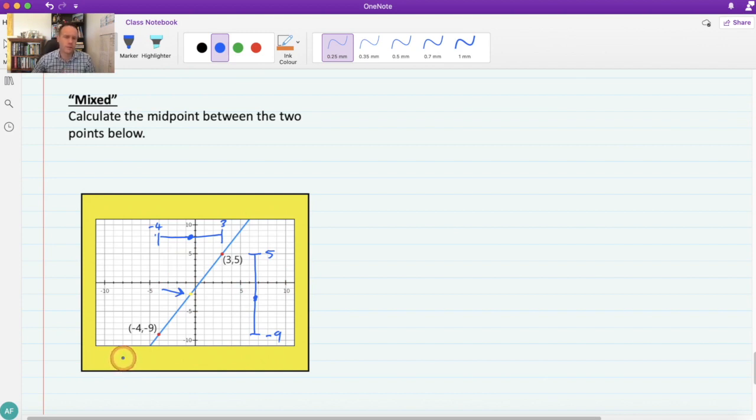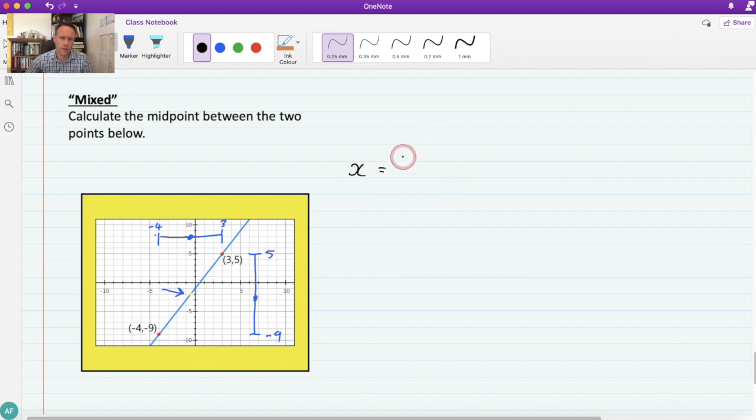Okay, but there's an easy way to do this. Here we may have convenient numbers that make it quick, but we can always put it into an equation to find the exact points. So I'll do it the easy way, then I'll show you a slightly different way of setting it up. We want to find the middle of the x points, and to do that, we just find the average of them.